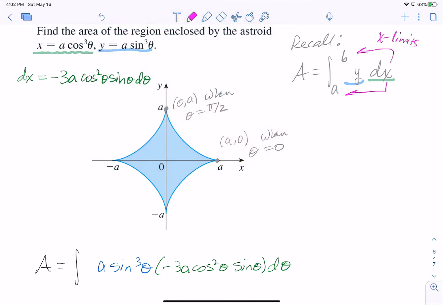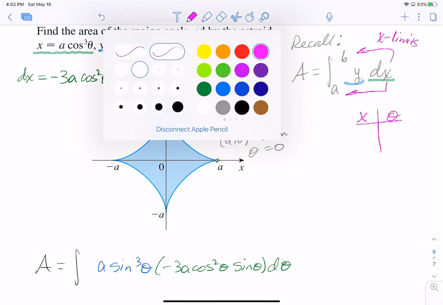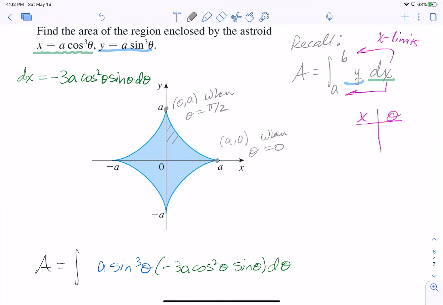Now let's go back to this idea of the fact that we had x limits and we are now going to need theta limits. x in our diagram goes from negative a to a, but we can take advantage of some symmetry. So we're actually just going to use what we see in the first quadrant and quadruple it. So back to our integral, we're going to write 4 in front of the whole thing.